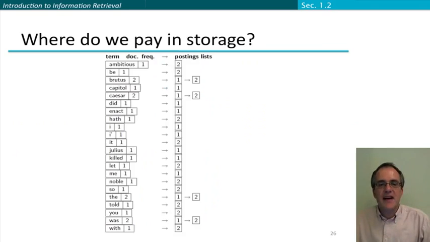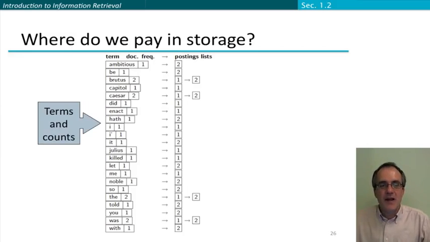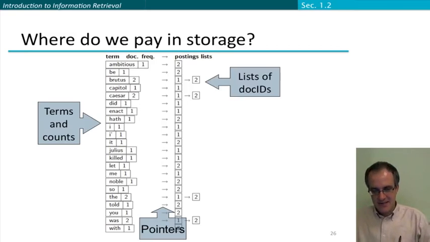So in thinking about the size of an inverted index, we can think for a minute about where we pay in storage. We pay some amount for the list of terms and their counts, but the number of terms will be relatively modest. In our example beforehand, there were 500,000 terms. We pay for a pointer that identifies where the postings lists are, but again, that's of the order of 500,000 things. And then we pay for the actual postings lists themselves.